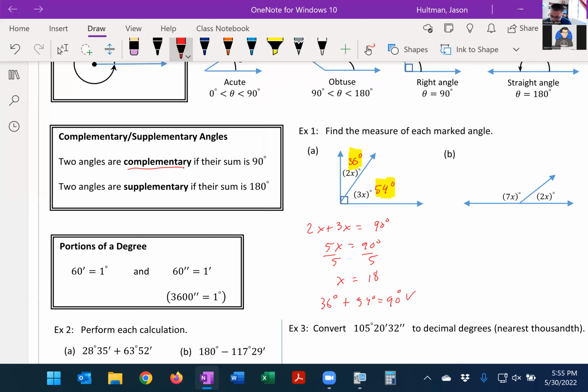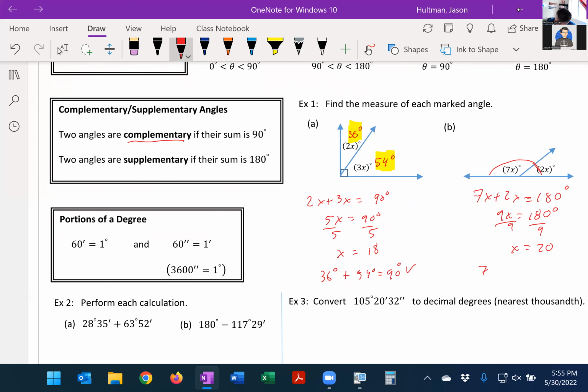Okay, what about the straight angle here? This angle has 180 degrees. So 7x plus 2x is 180 degrees. So 9x is 180 degrees. Divide by 9, and we get x is equal to 20.